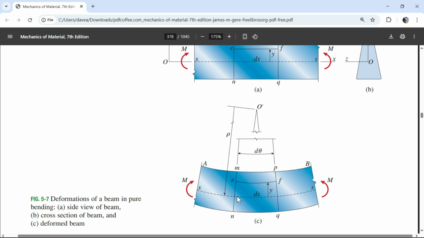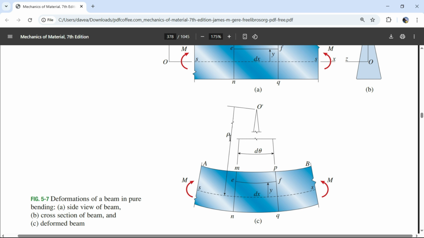So starting here, if my y values start here and I go up a distance y of rho divided by 2, my radius is now rho minus y, rho minus rho divided by 2, which gives me half the radius, half of rho, and now my angle is still d theta. Radians times radius is arc length.